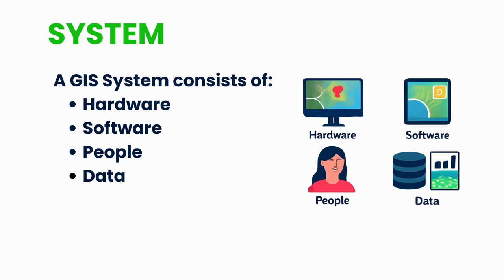When all these work together, your phone works perfectly. GIS also works in the same way. It needs the computer, the software, useful data, and the people. All of these together work efficiently and they form a GIS system.